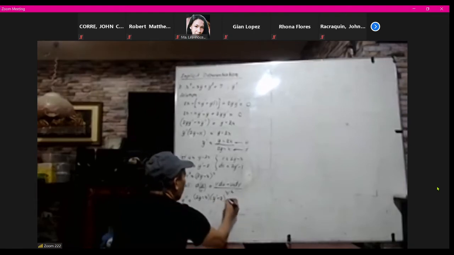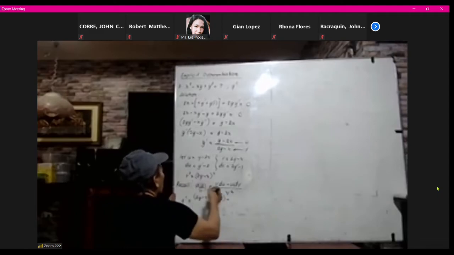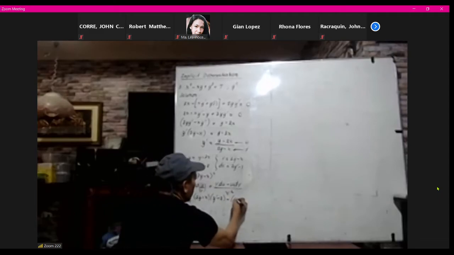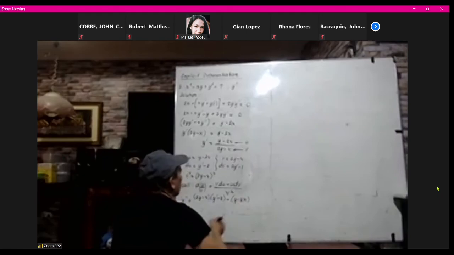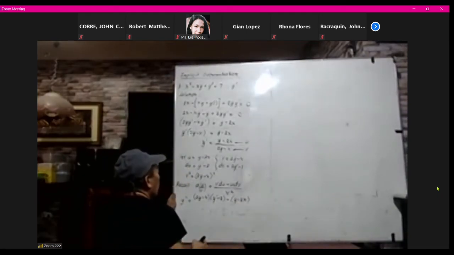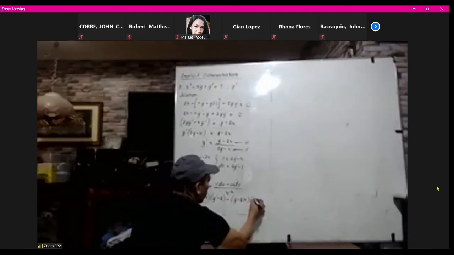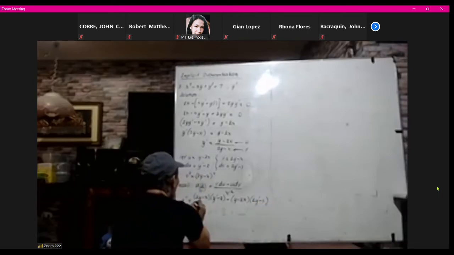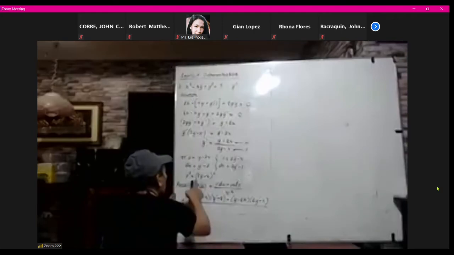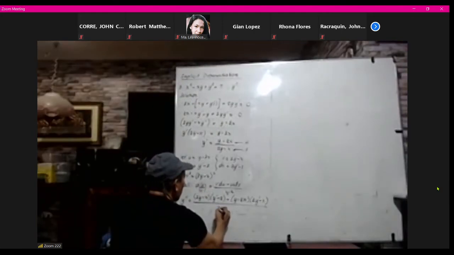Minus u. Ang u natin ay y minus 2x. How about our dv? Ang dv natin ay 2y prime minus 1. All over, yung v squared natin is 2y minus x squared.